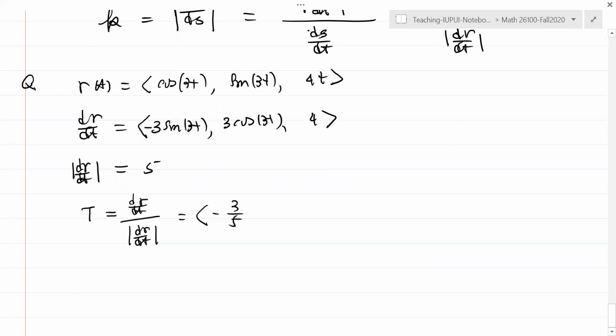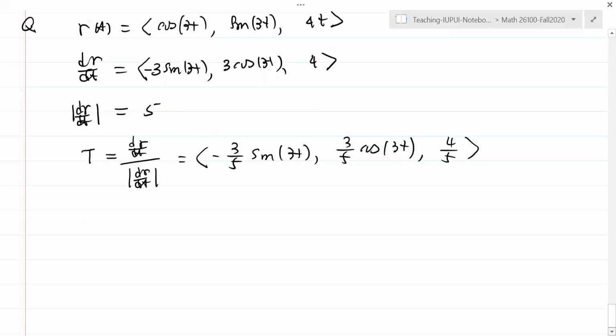You see, the 5 is outside, right? The 3 over 5 is outside, not inside. So you can check, this is a unit vector. It's a vector function of t.